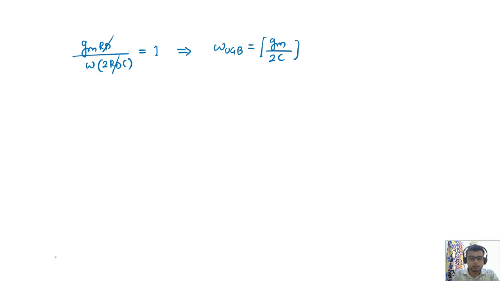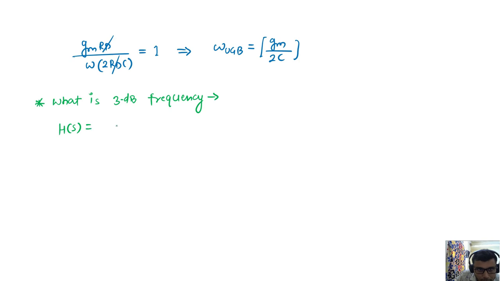Now we'll go something more about it. So what is 3 dB frequency? If there is a first order transfer function for an amplifier, A naught divided by 1 plus S by omega P1. This is my first order transfer function. Okay. So how to understand what is the 3 dB frequency? We can do the analysis like this: I can write the magnitude of the transfer function.